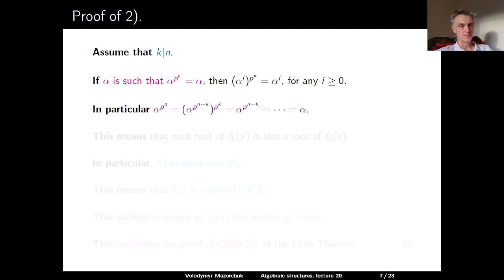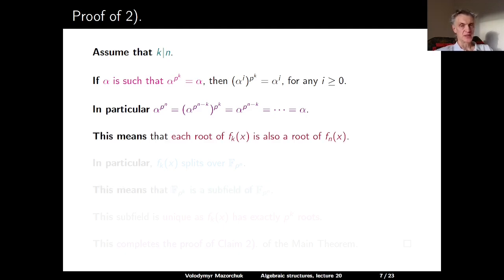So in particular, alpha raised to the power p to the power n is equal to alpha raised to the power p to the power n minus k, and then raised to the power p to the power k. So this, by our previous computation, is equal to alpha raised to the power p to the power n minus k. Continuing similarly, we will end up with alpha.